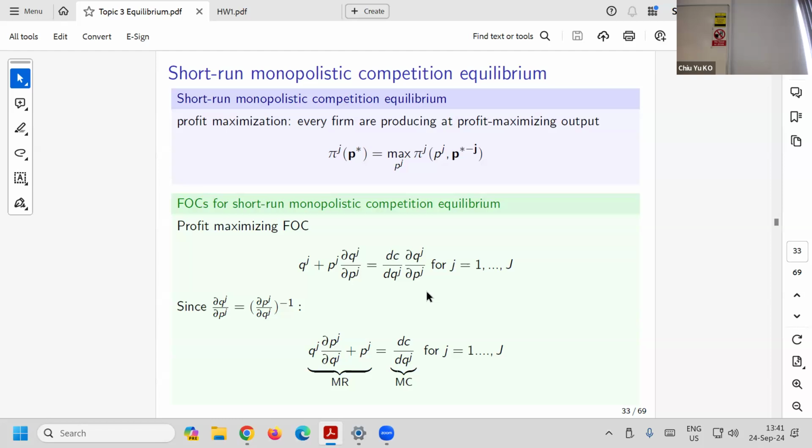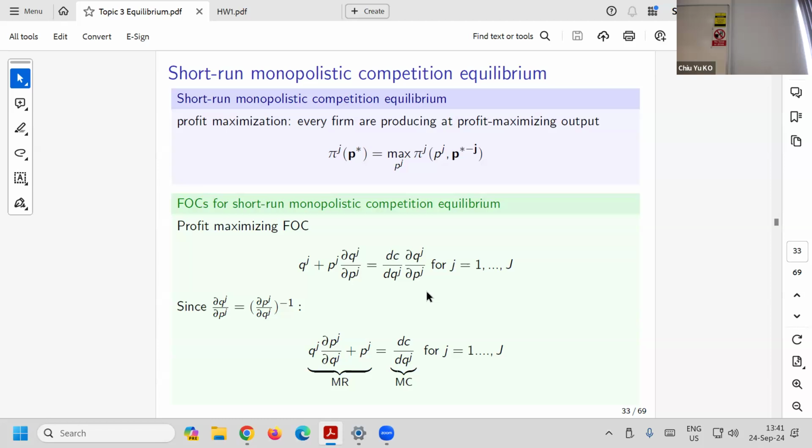So that's Qj. And this part is because you increase the price, you actually sell less. There's a reduction in demand, times the existing price. So that is the loss in revenue due to the increase in price. This is the increase in revenue, assuming the same quantity being sold. The net effect will be the change in revenue.